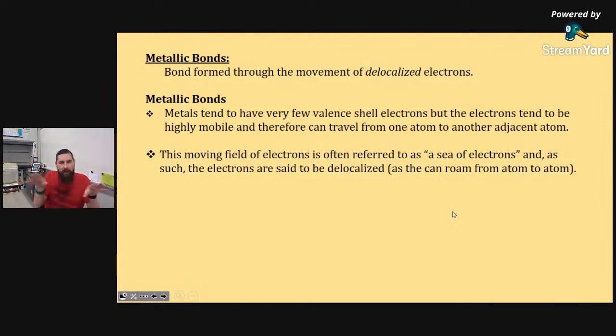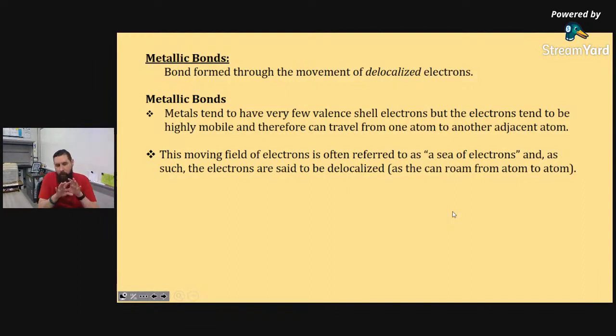And as those electrons are moving between them in that sea of electrons, we get attractive forces because as they move from one atom to the other, you get a small little polarity of sorts where one is losing the electron for just a brief moment, becoming kind of negatively charged, the other atom positively charged, and you get that attractive force similar to ionic, but not as strong.